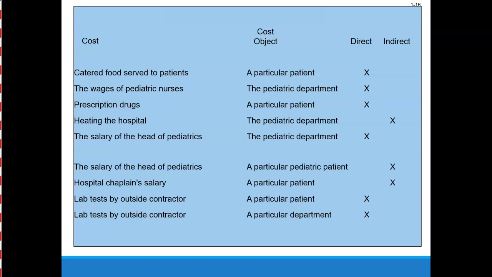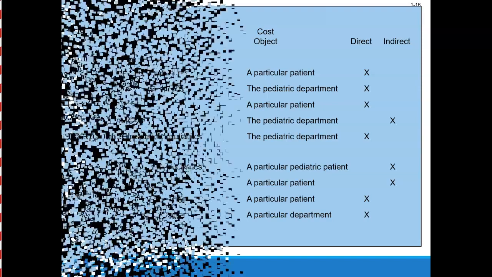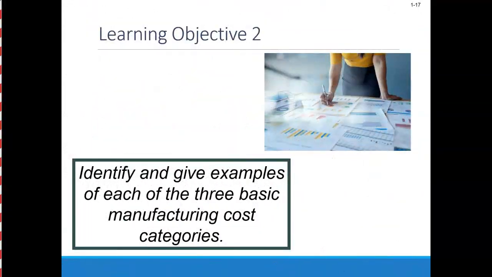And you can also determine which lab tests were for the whole pediatric department, couldn't you? Does this help you see how, depending if it's a particular patient, we can assign direct costs to them, or we might have to lump them in the indirect cost category? And the same with a department. So it's important when we are talking about costs, sometimes they're going to be direct, sometimes they're indirect.